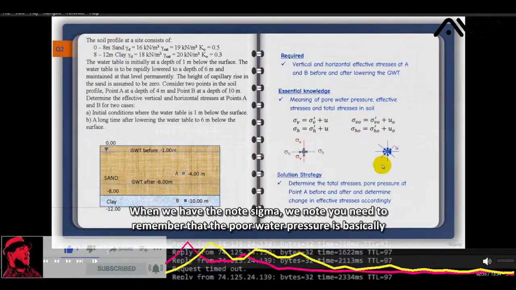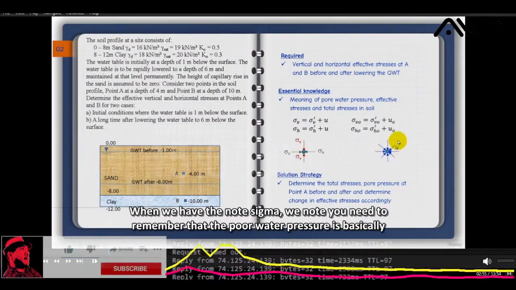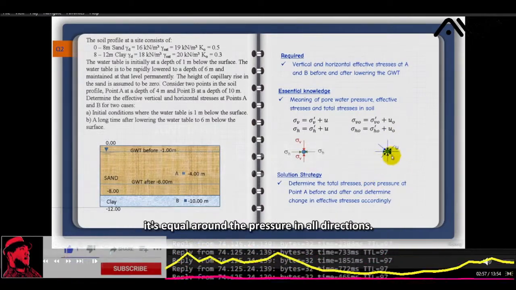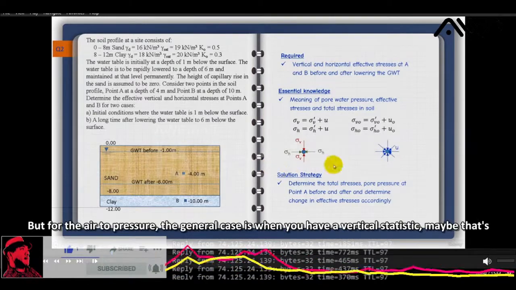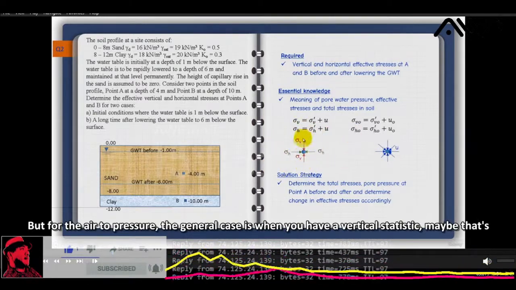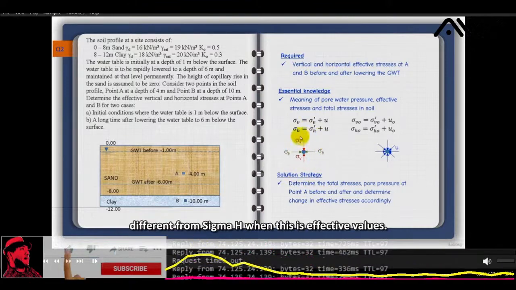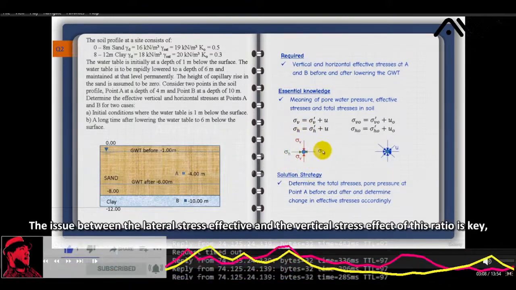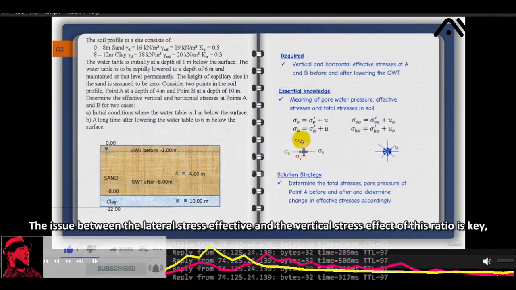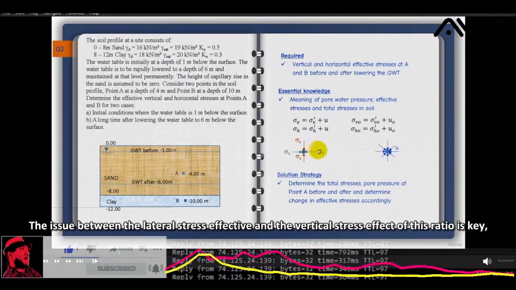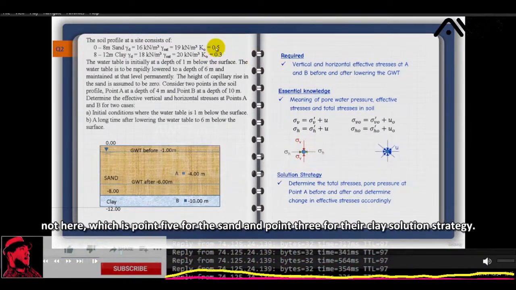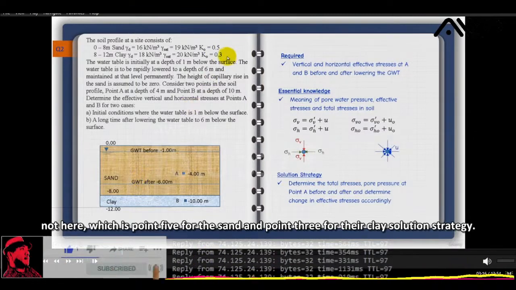You need to remember that the pore water pressure is equal all round pressure in all directions. But for the earth pressure, the general case is when you have a vertical stress sigma V that's different from sigma H. When these are effective values, the ratio between the lateral effective stress and the vertical effective stress is K naught, which is 0.5 for the sand and 0.3 for the clay.